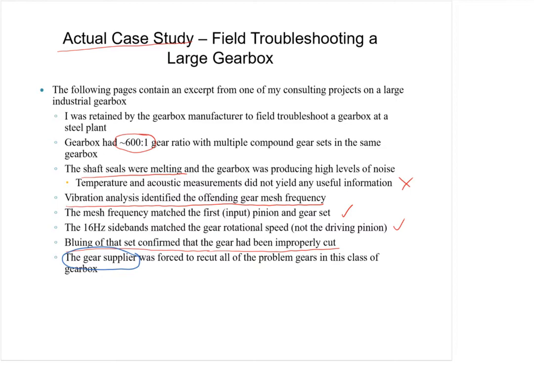He pulled up every other thing that they could have screwed up on that gearbox and blamed it on that instead of the gears that he supplied. And after they blued and turned that set of gears and showed him the results, he couldn't argue anymore, and that gear supplier was forced to recut and resupply all of the problem gears in this classic gearbox.